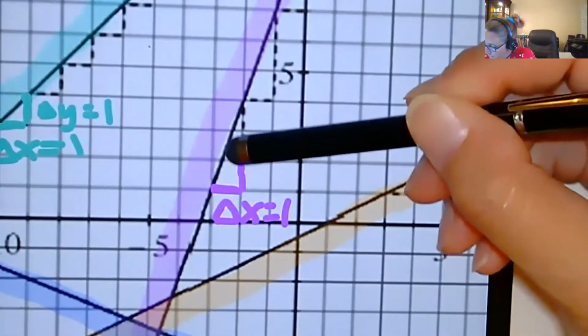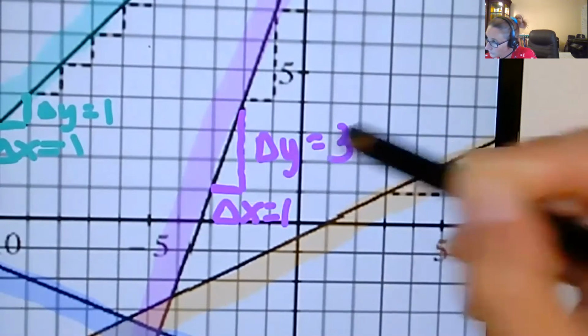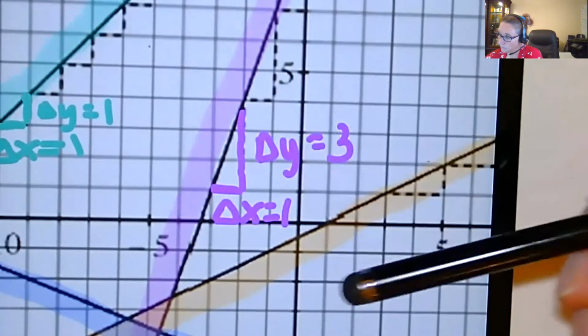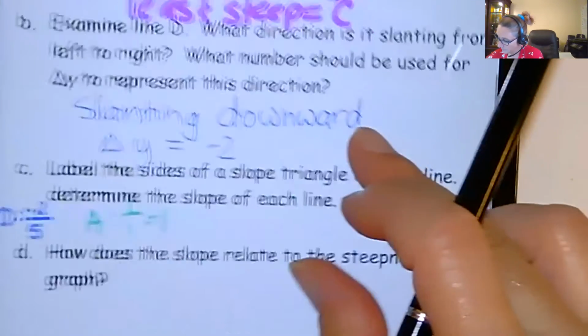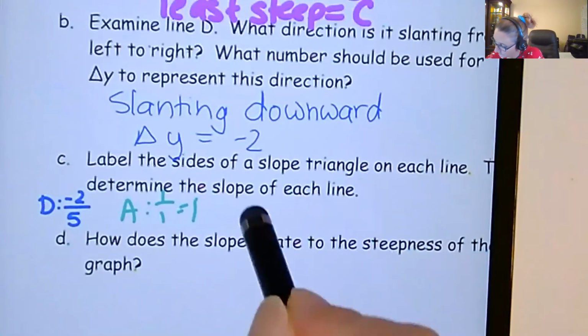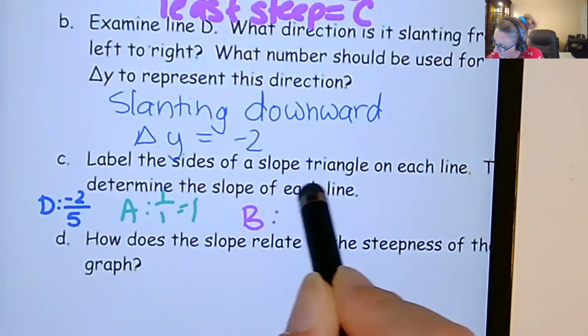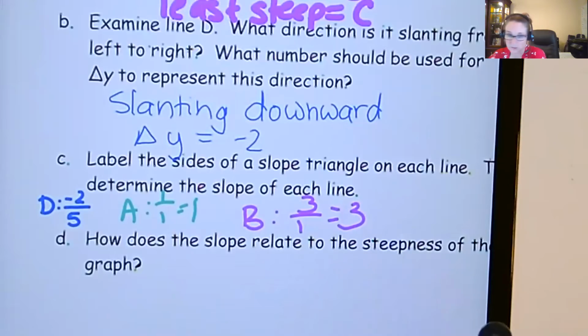This is my change of y, and my change of y is 3. So I'm going to do change of y, which is 3, over change of x, which is 1. So my slope for B, change of y over change of x, so 3 over 1, or 3.